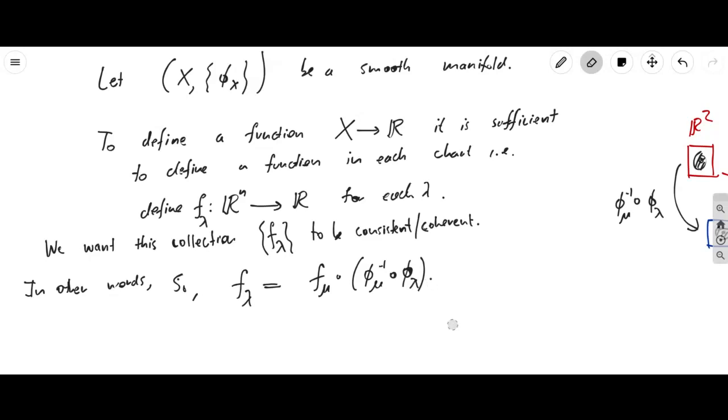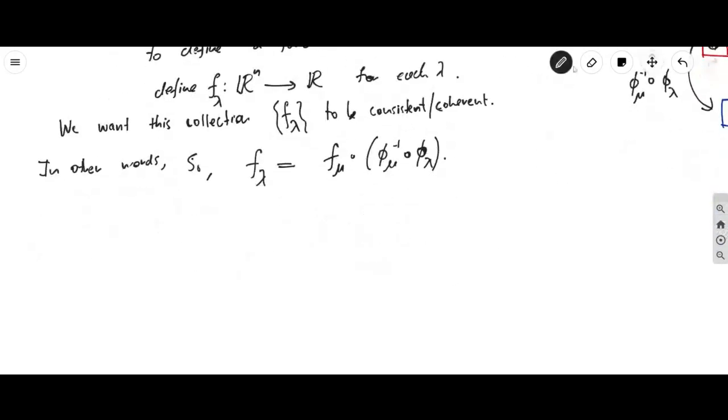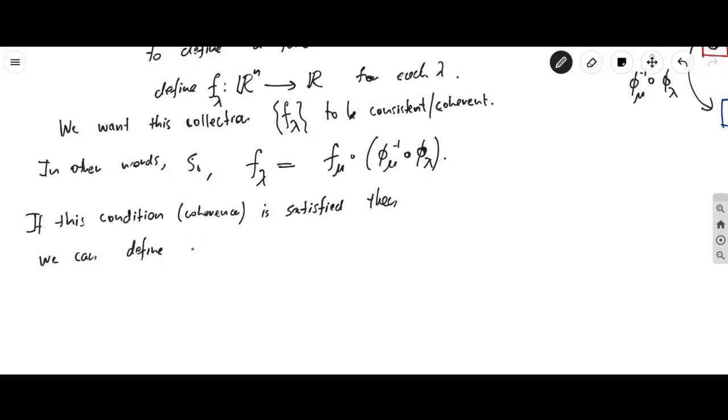So this is coherence. This is what we call the coherence condition. If this condition is satisfied, then we can define a real valued function from x to R in a well-defined manner.